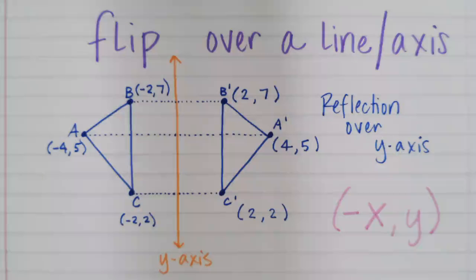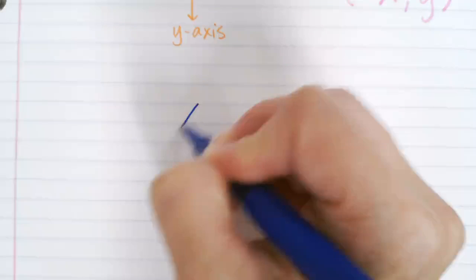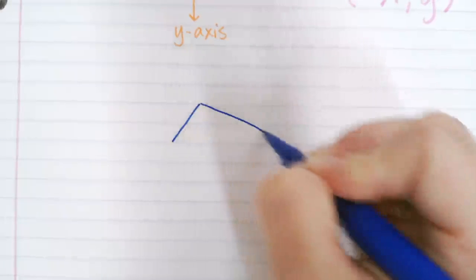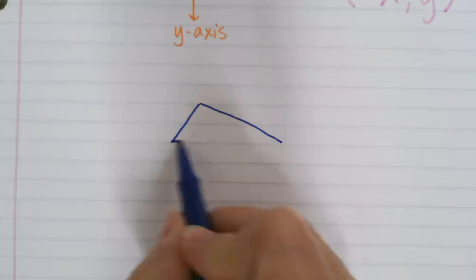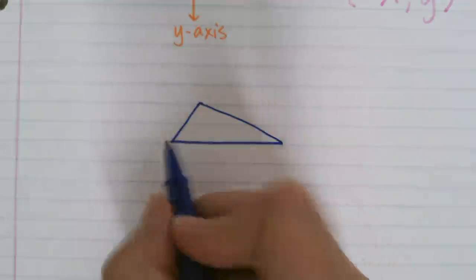All right, let's take a look at what happens if we reflect over the x-axis. So I'm going to move down here. I'm going to go this way, kind of for space, to make sure we can get this in the right place.